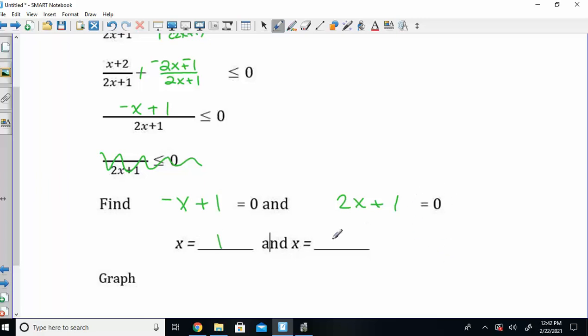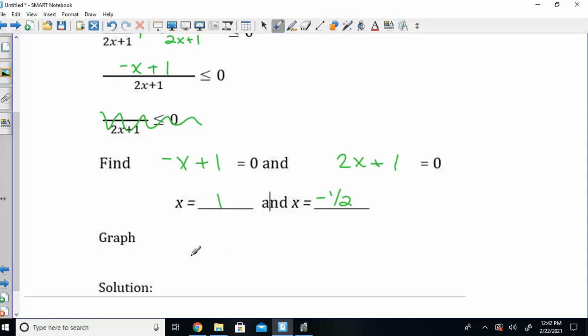This one, subtract my 1, divided by 2, negative 1/2. Okay, from here we had a couple options. I did ask you to draw this number line. Then we had to do test points, or you used the graphing calculator. So I'll remind you both ways.